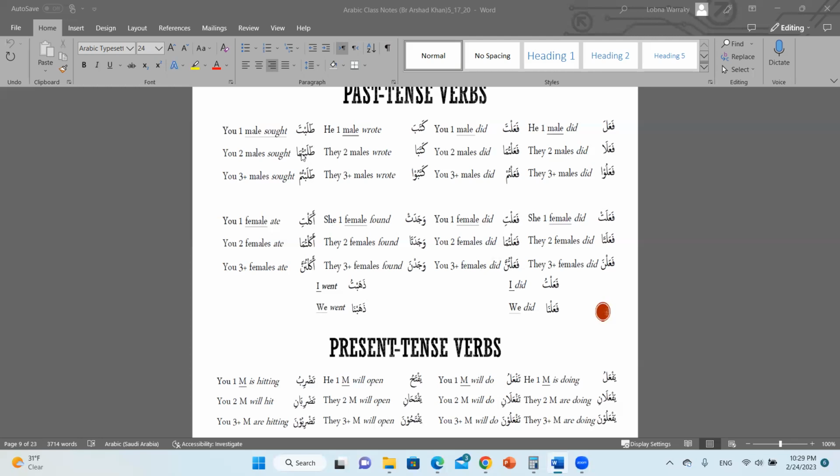Whenever you have the word tuma with the fi'l, they've categorized it under the masculine form, which is not a problem. Talabtum is basically you all asked for, requested. Akalti is like saying you, female, ate. أكلت is I ate. If I want to say you ate, for male, I'll say أكلت. أكلتما is two people. أكلتن is you all ate.